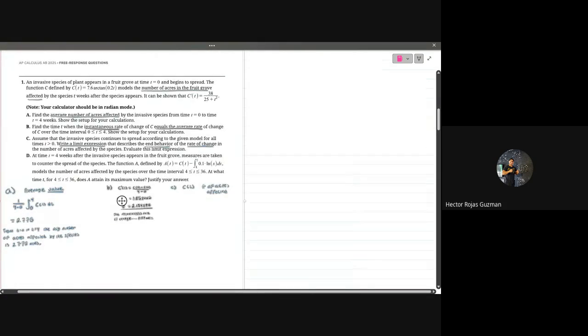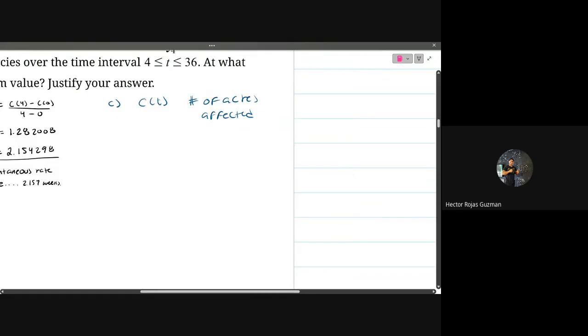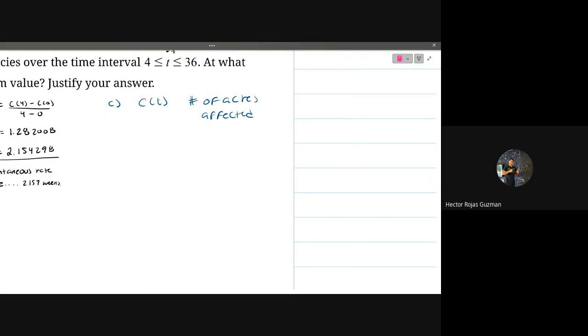Like I wouldn't actually write that part down on my test. It's just something that you kind of need to go with. If that's the number of acres affected, then, let me go back to the question. Okay, the rate of change in the number of acres. That's basically talking about the derivative. That's the rate of change of the number of acres. Basically what I wrote up here, right?